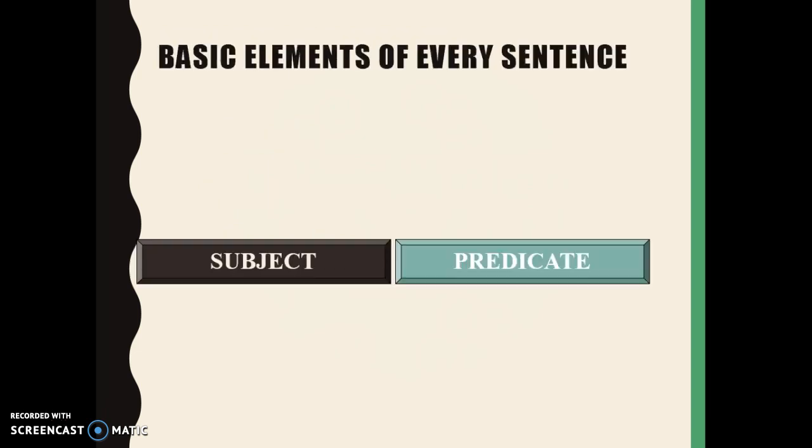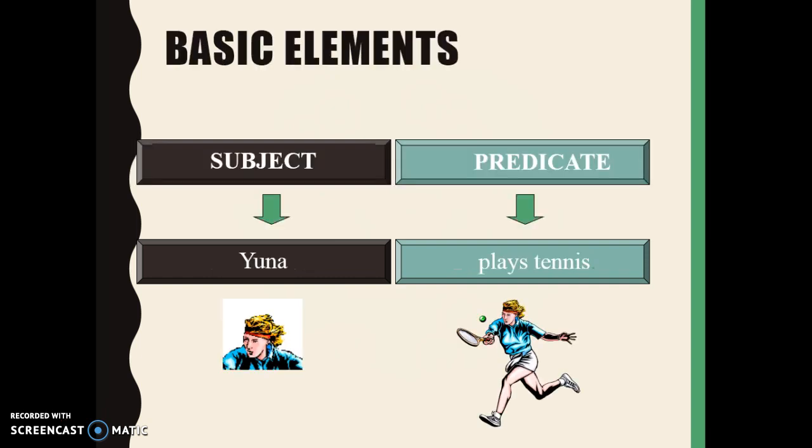Alright, so what is a simple sentence? The basic elements of every sentence are the subject and also the predicate. The predicate is also known as the verb. What does that mean? The subject is what or who does the action, and the predicate is the verb, what kind of action.